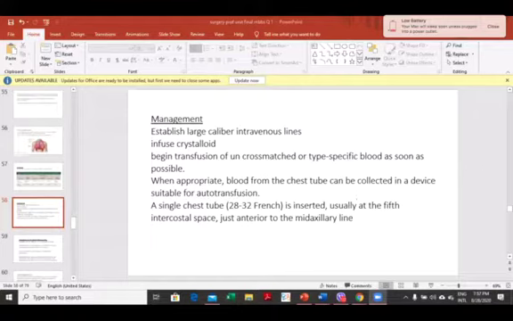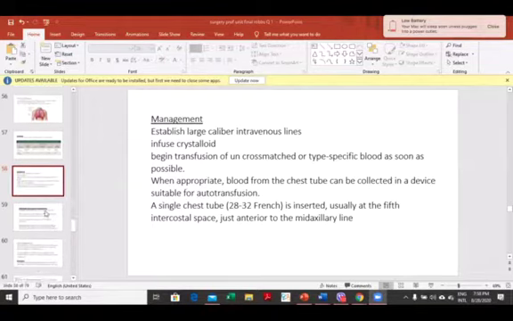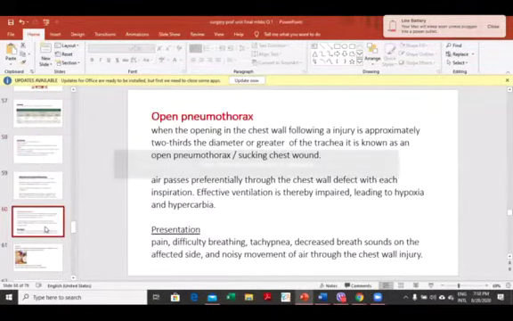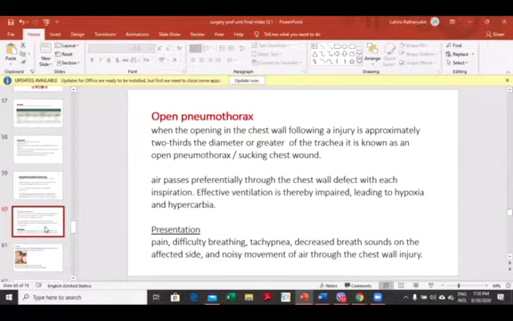Open pneumothorax. When the opening in the chest wall following injuries is approximately 2/3 of the diameter of the trachea, it is known as open pneumothorax.